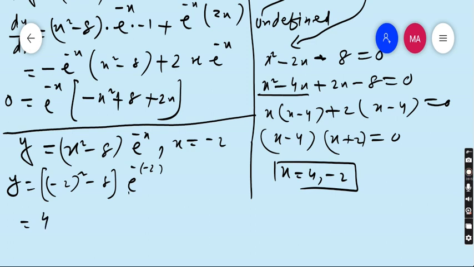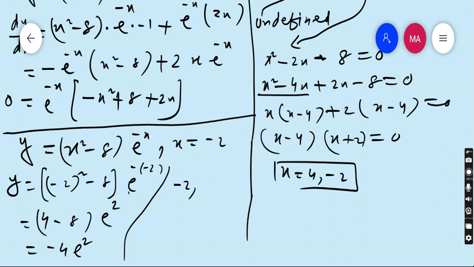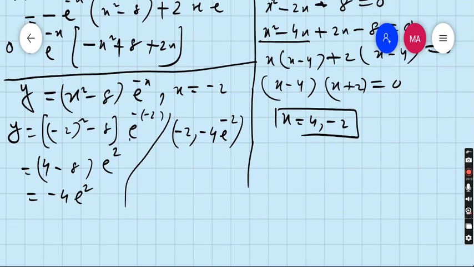Minus 2 square is 4. 4 minus 8 e power plus 2. So 4 minus 8 is minus 4 e square. So our first stationary point is when x is minus 2, then y is minus 4 e square. Second value is x equals 4.